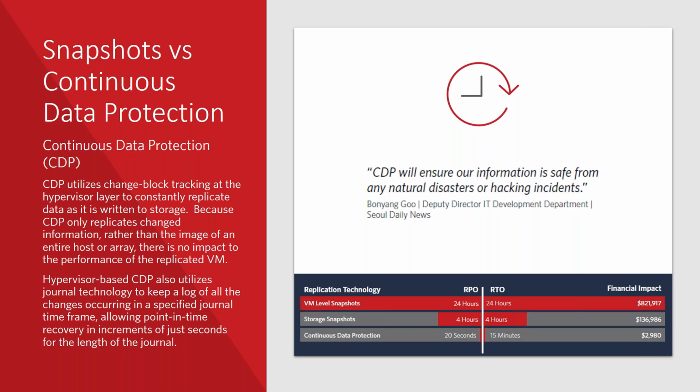So when it's time to send it to the other side, I can send it to the other side. Sometimes that's immediate in that near synchronous thought, where every time the block changes, you track it and you send it. Sometimes it's scheduled asynchronously, so I watch those changes for the last hour and send them all from that storage. But that's really all change block tracking means, is just watching those points on the storage, and I don't need to make another copy typically and have that on storage.